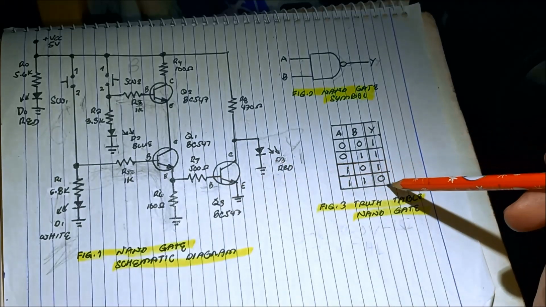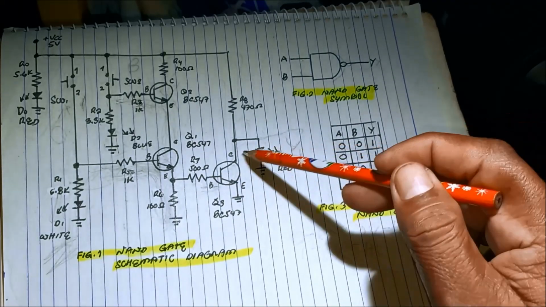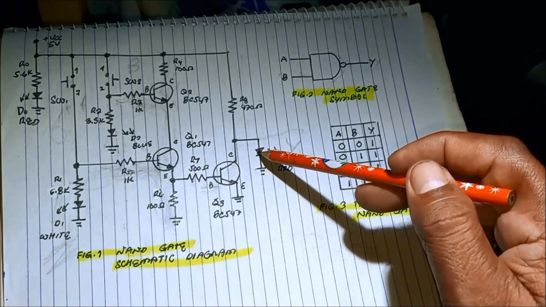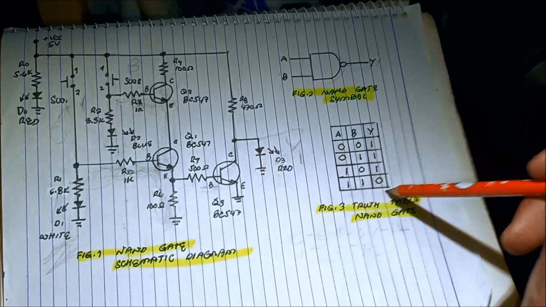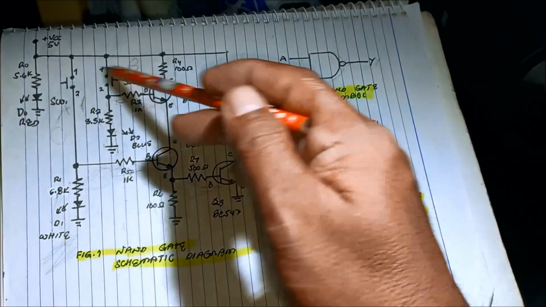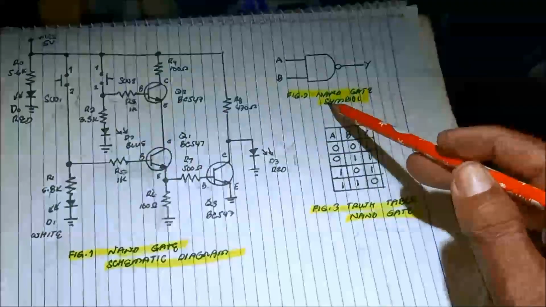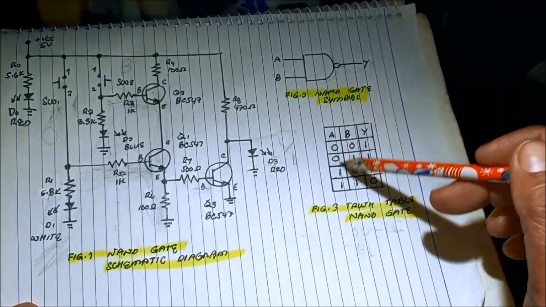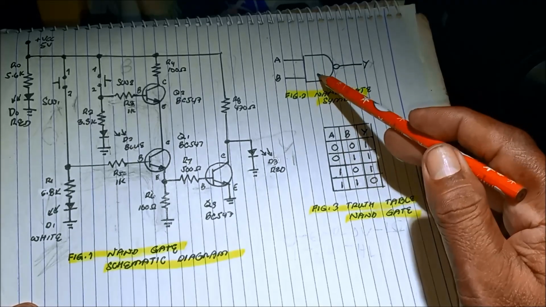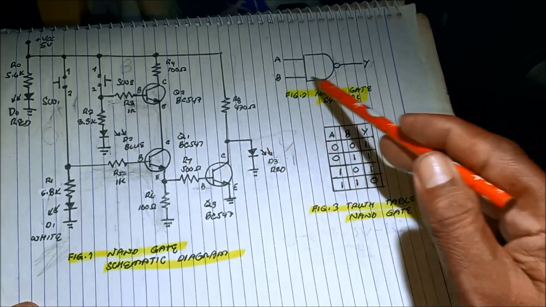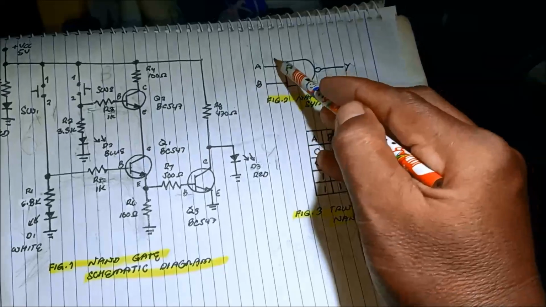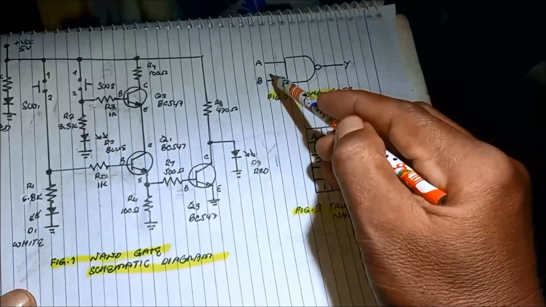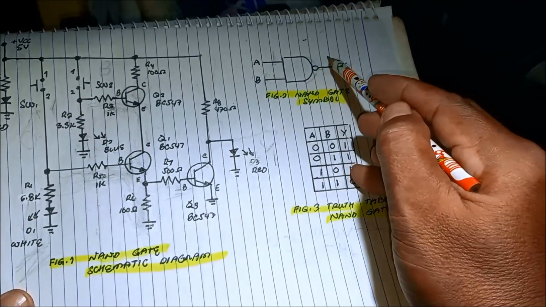Because of that, we have an output of 0. It makes the output LED turn off because we are pressing both switches. 1, 1 produces an output of 0.